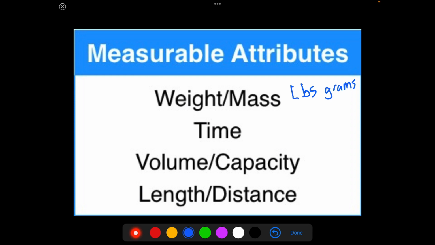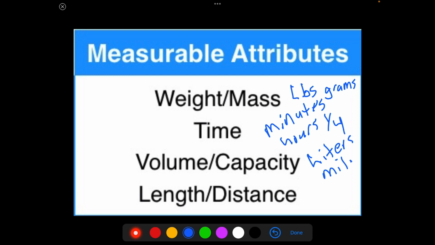Now, we're going to pause here. What do we use to measure time? All right, for time, we used minutes, hours, quarter hours. All right, what about volume and capacity? We'll pause for this one too. All right, for volume and capacity, we might have measured in liters, milliliters, and on and on.